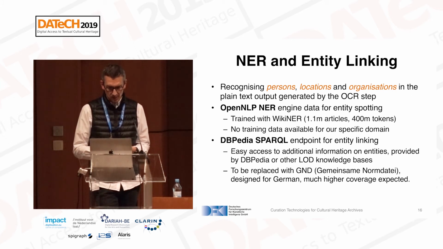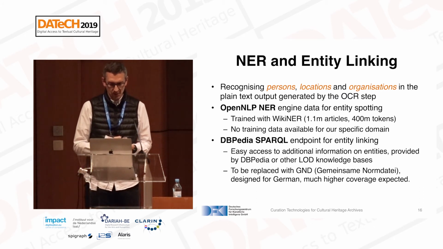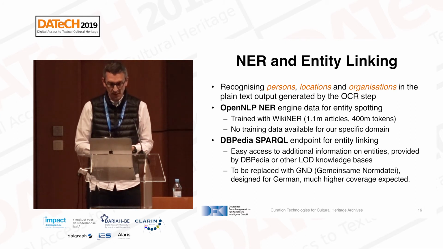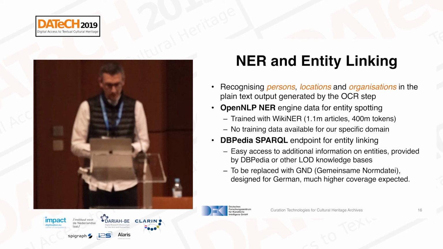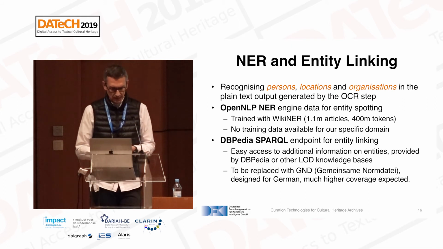OpenNLP NER for starters here for NER, trained with WikiNER, 1.1 million articles and 400 million tokens, because at least we haven't found any specific training data for this specific domain. The entity linking is performed with DBpedia SPARQL.